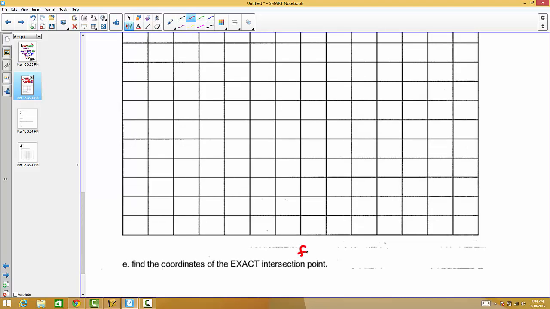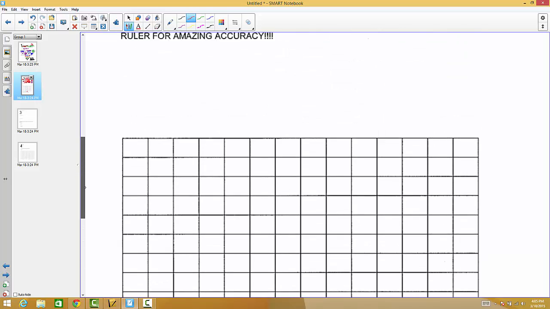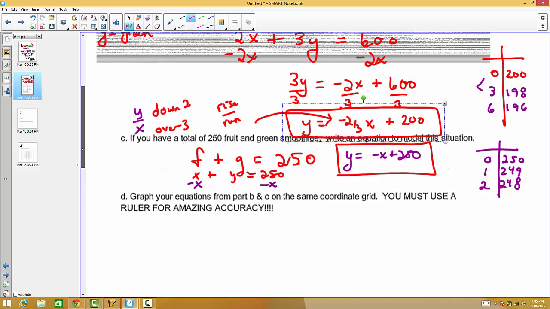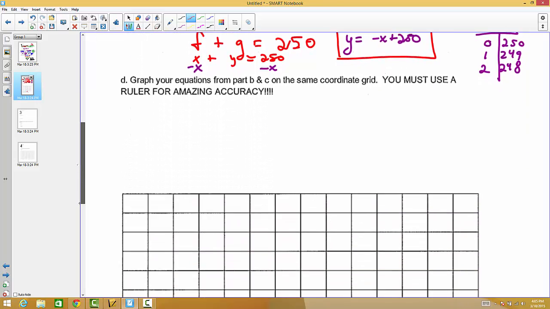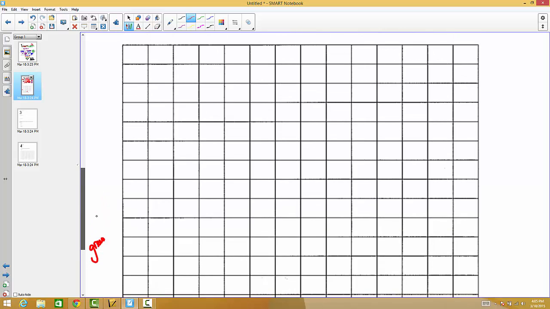So we're going to make this fruit, and I guess you could go by, like, you're starting at 250. So if you make this your green, you're going to have to get to 250.